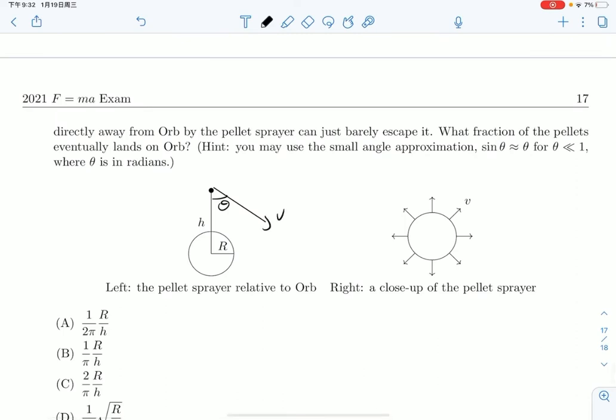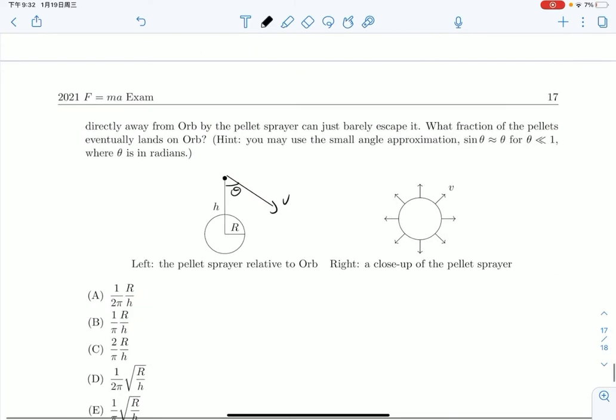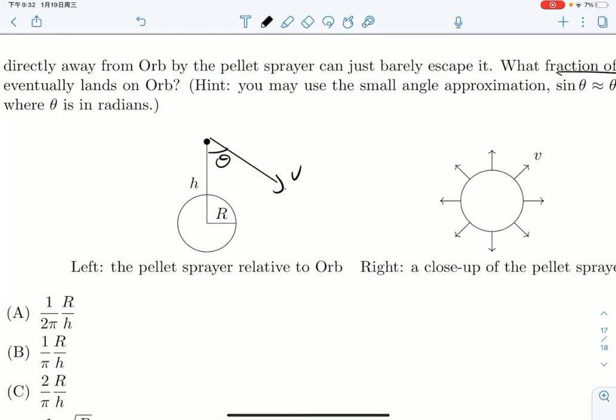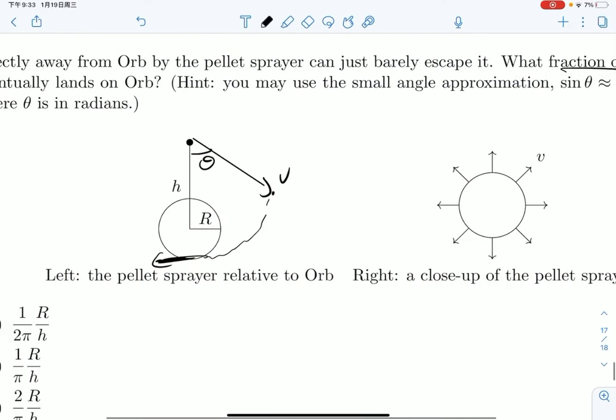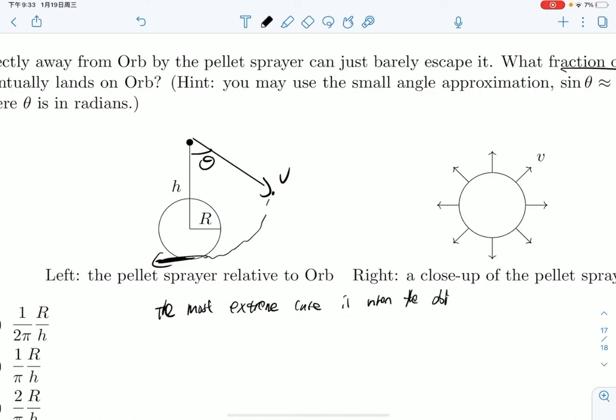So when the object reaches a planet, the most extreme case is when the object reaches the planet with a velocity tangent to the surface.